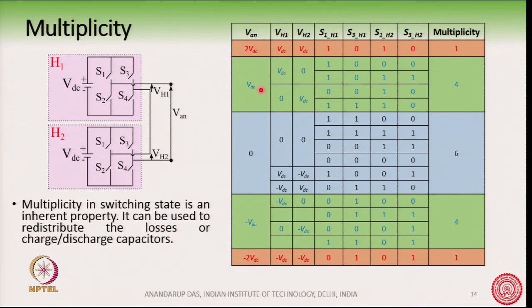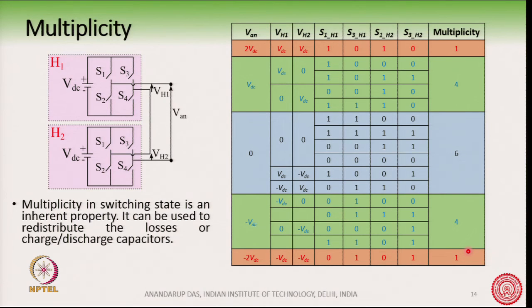When we want to produce VAN as VDC, then we have 4 multiplicities possible, that is 4 switching combinations. When we have VAN equal to 0, there are 6 multiplicities. When we have VAN equal to minus VDC, then we have 4 multiplicities, and when we have VAN equal to minus 2 VDC, we have only one possibility.